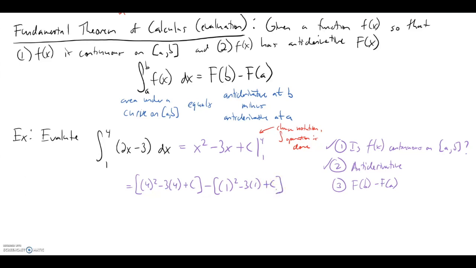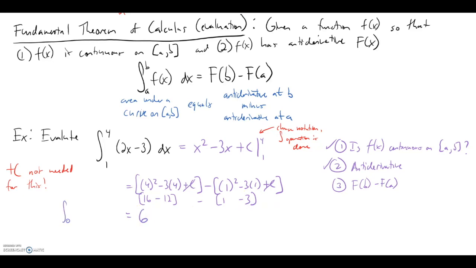Quick thing to note, if you're going to have a plus c minus the same plus c, then the plus c is not needed when using the fundamental theorem to evaluate definite integrals. Simplifying the rest, we'll get 16 minus 12 minus the quantity 1 minus 3, which will give us an overall area of 6.